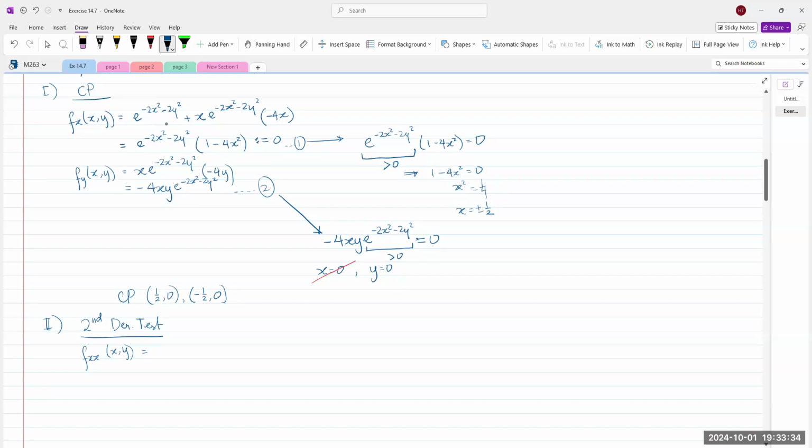I will start from here: the derivative of this times this gives e to the negative 2x squared minus 2y squared times negative 4x times 1 minus 4x squared, plus e to the negative 2x squared minus 2y squared times the derivative of 1 minus 4x squared, that's negative 8x.